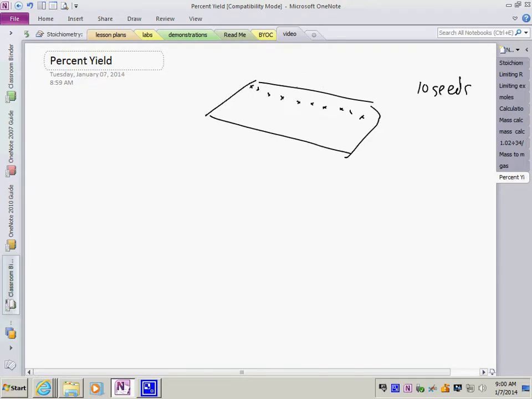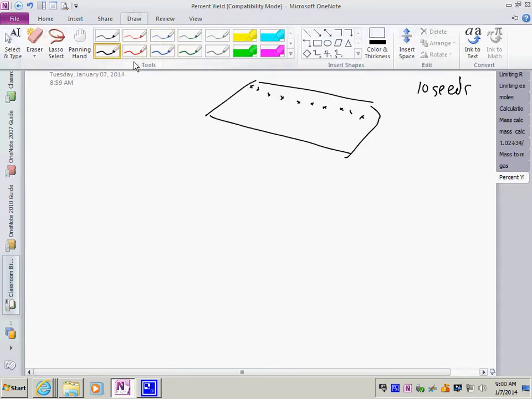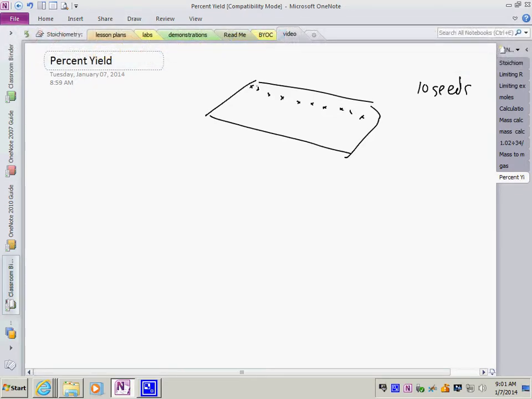You water them, and sunlight shines, and it gets warm, and all of a sudden things start to sprout. This one sprouts, this one sprouts, this one nothing. Sprout, sprout, sprout, sprout, nothing, nothing, and this last one sprouted.